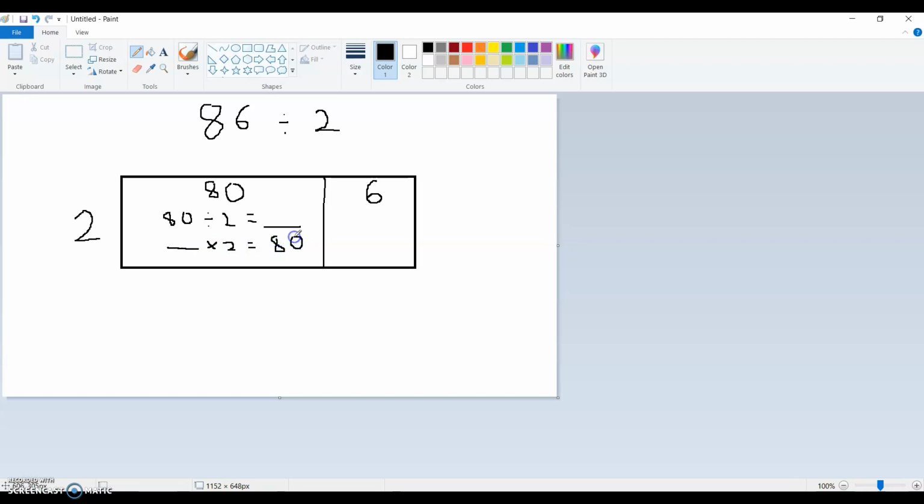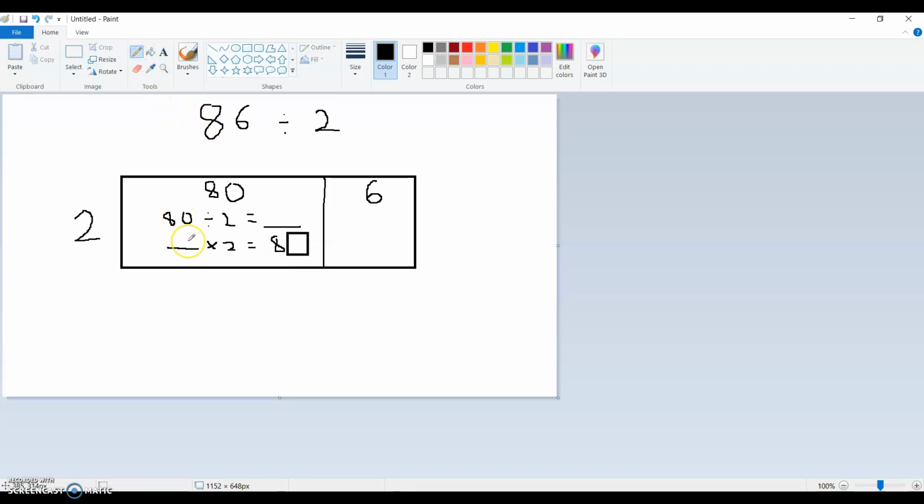Gosh, Mr. Pepin, something times 2 equals 80 is not one of our math facts. Yes, that's right. But what if we cover up the 0? If we cover up the 0, we are left with something times 2 equals 8.